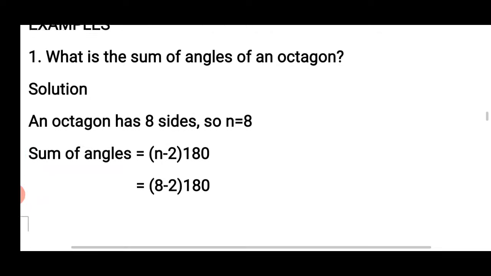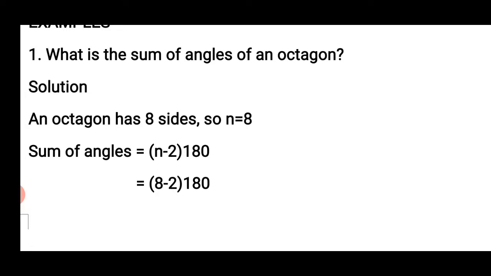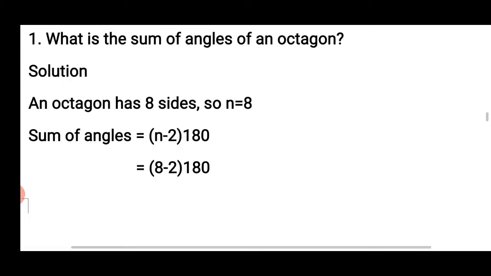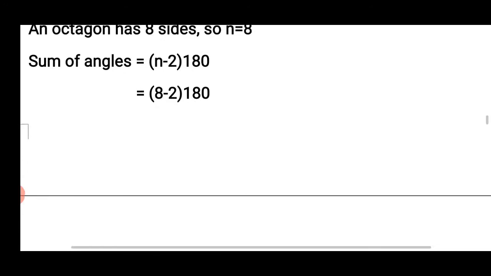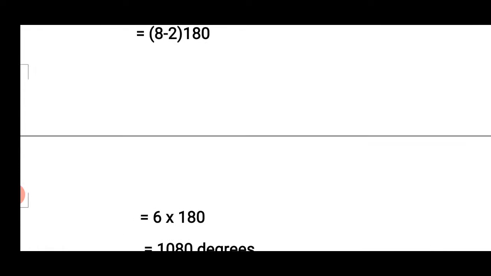The formula is sum of angles in a polygon is n minus 2 bracket 180. So our n is 8. We are going to write 8. Substitute n with 8. Then 8 minus 2 bracket 180 will be the sum of angles in an octagon.